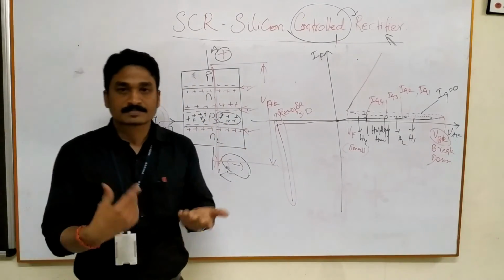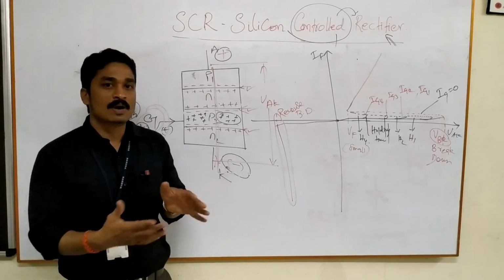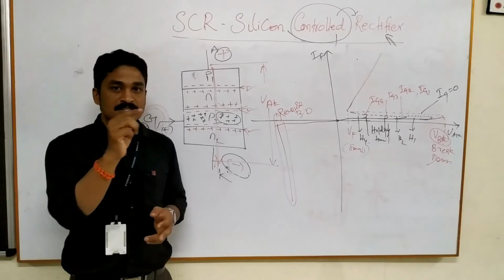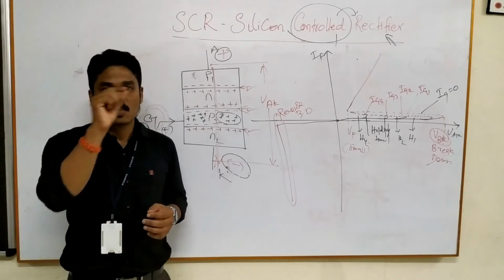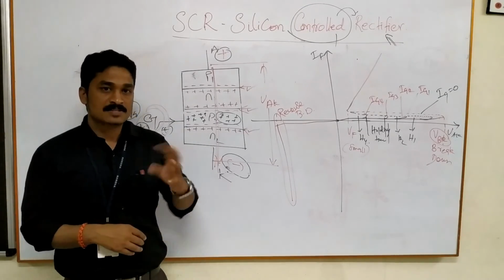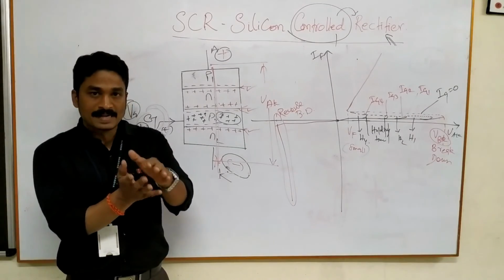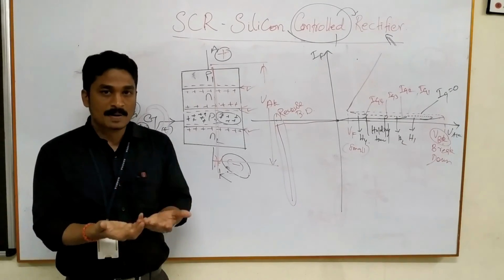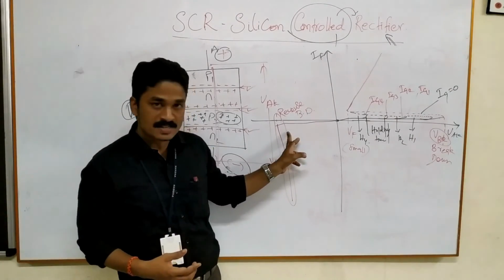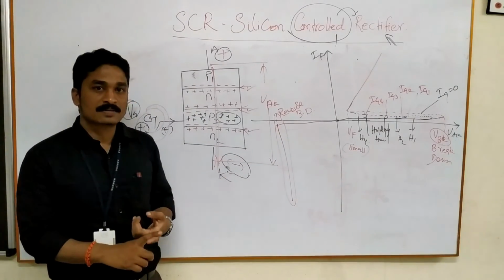I'll once again recap what we discussed. The silicon controlled rectifier is a 4-layer device, and there are 3 junctions J1, J2, J3. Depending on what polarity of VAK we apply to the SCR, the junctions will be in forward bias as well as in reverse bias. To break the reverse bias, we needed to apply a larger voltage in the reverse direction. The larger voltage and larger current will spoil your diode.